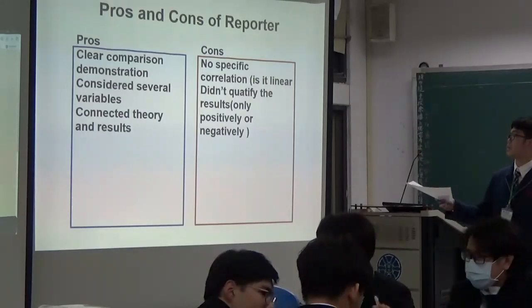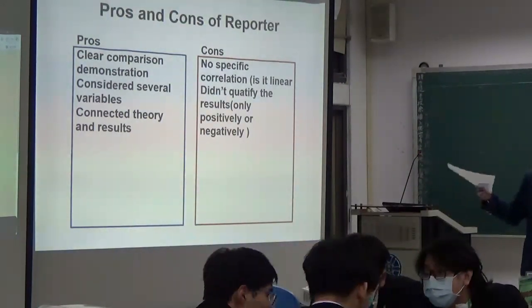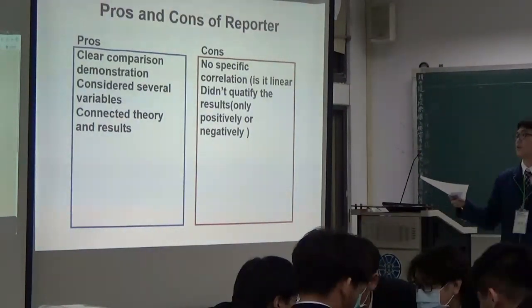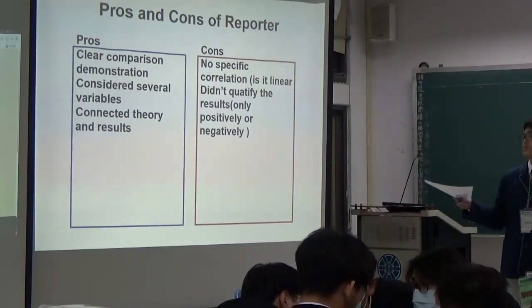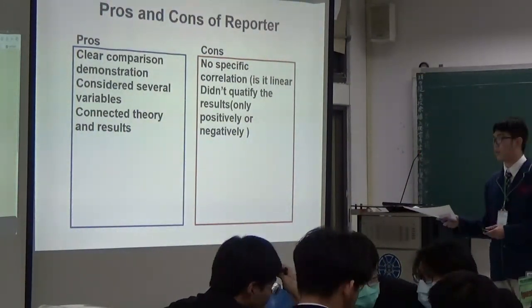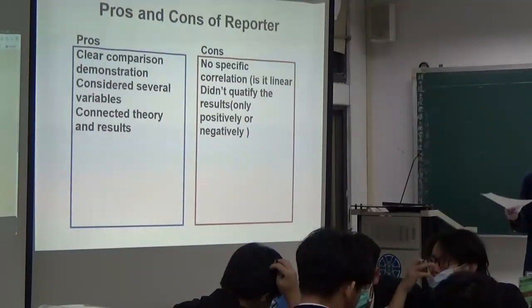And these are the pros and cons of the report. For the pros, they have a clear comparison demonstration. And they also consider several variables, and they connected the theories with their results.